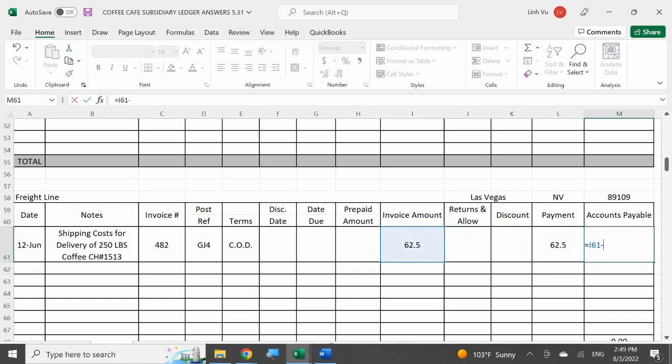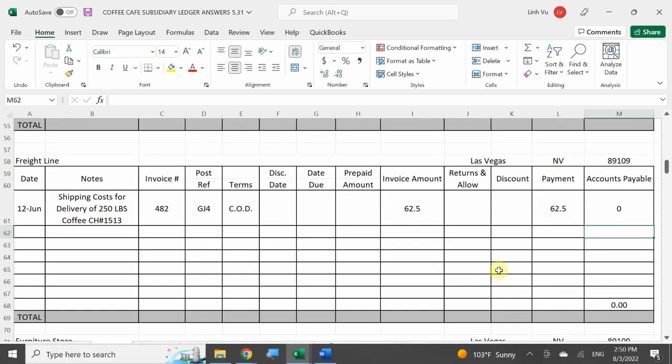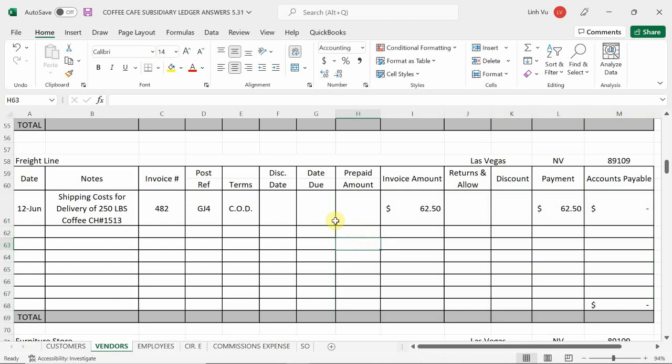So, formula once again, invoice minus prepaid minus returns minus discounts minus payments. So right now, I owe Freightline $0. Okay. But this is good, a good track record, so then we ensure that we received the coffee. Okay.